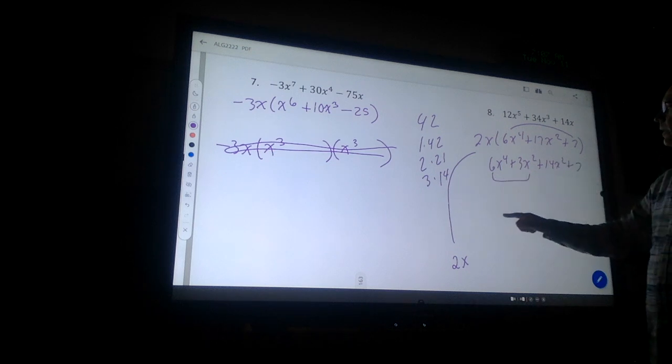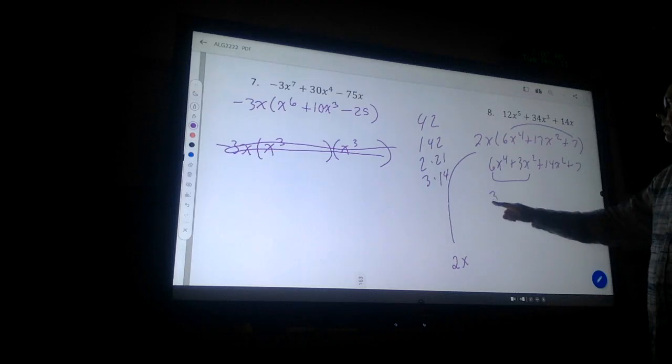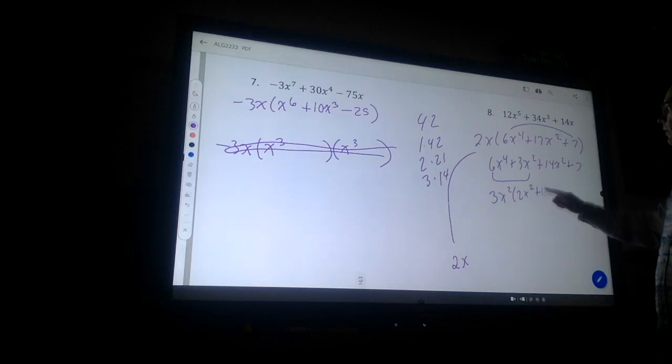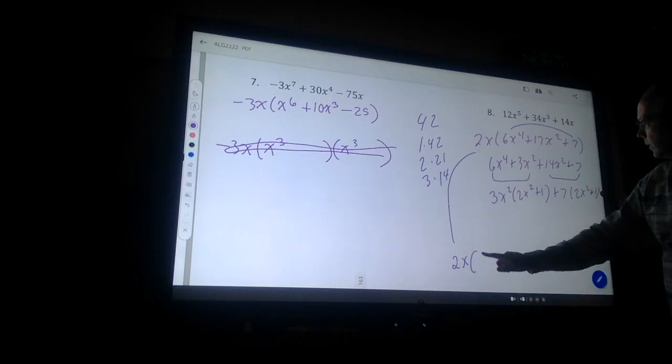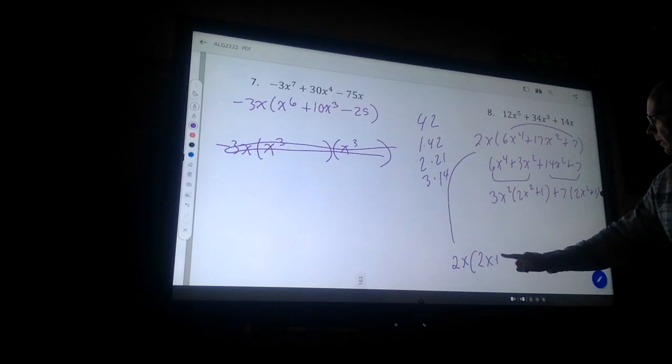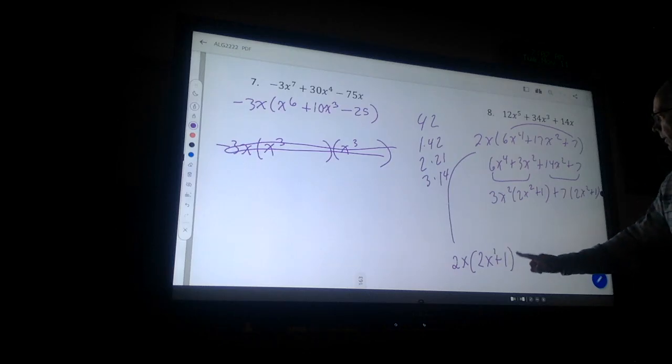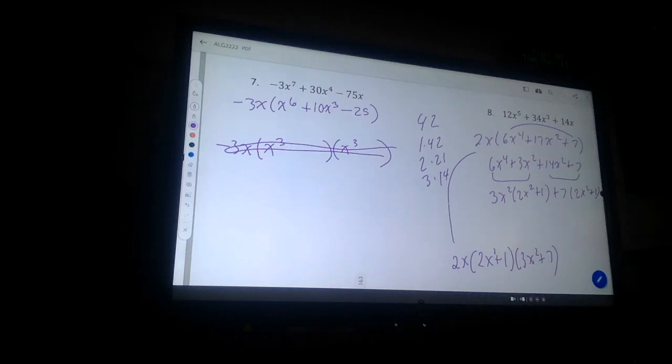Factor by grouping. So I'm going to have 3x squared that comes out, and that's 2x squared plus 1, plus factor 7 out of these, 2x squared plus 1. Don't forget we had a common factor, or like term, that we factored out. And that's all done.